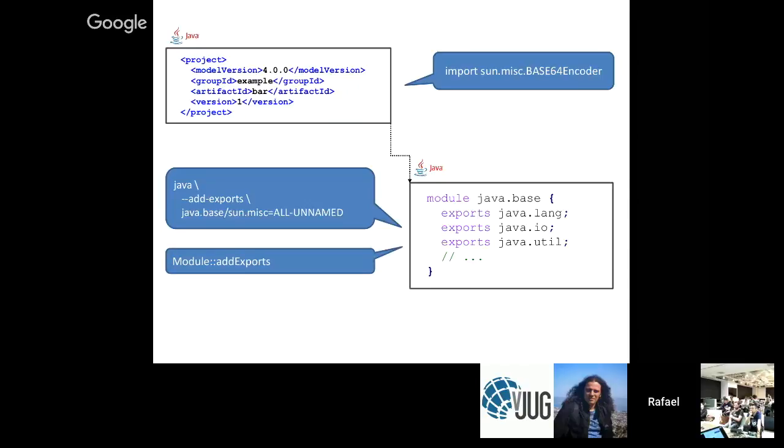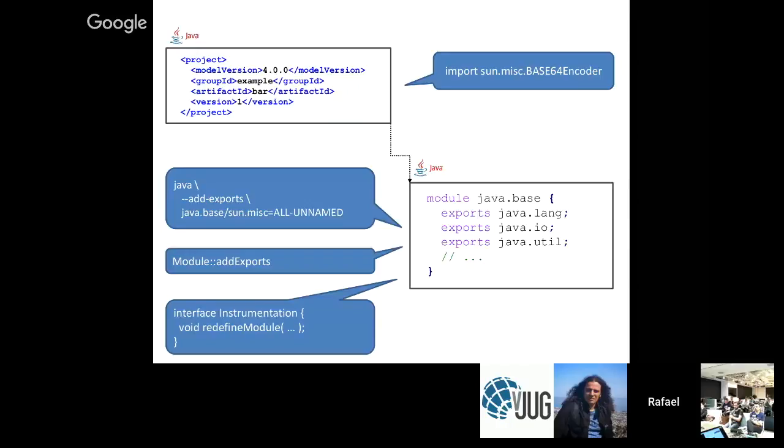There's also a programmatic API, Module.addExports, where you can basically say, I want to add a package to an export. The tricky part is that you can only call this from within the module you want to export from. But if you have a library, you could, for example, optionally allow adding an export if a flag is set, to make a module backwards compatible to non-modularized applications that did not fix the imports. And I just issue a warning of my own.